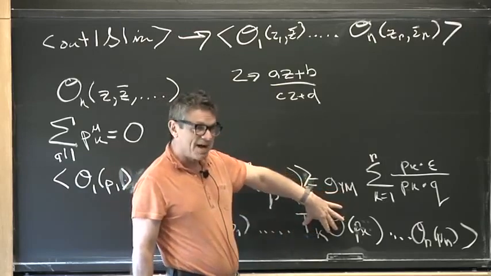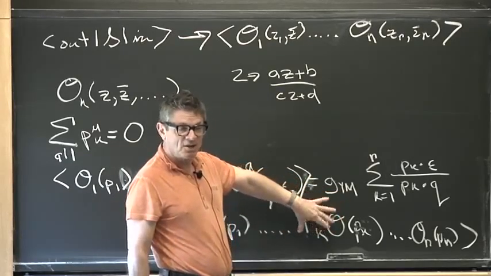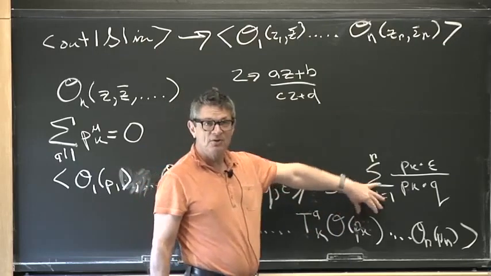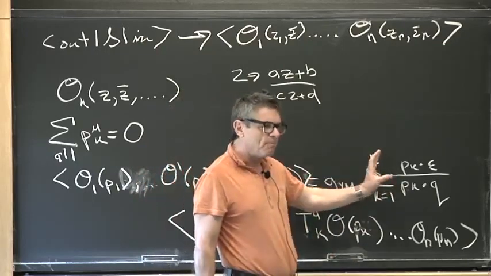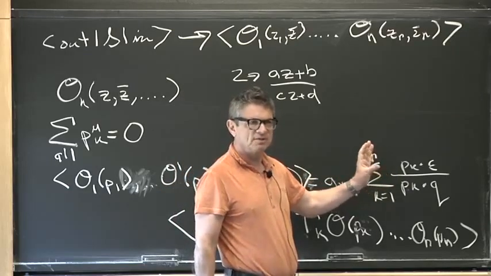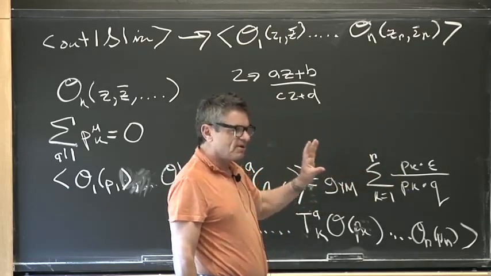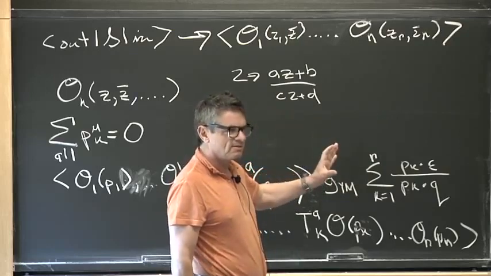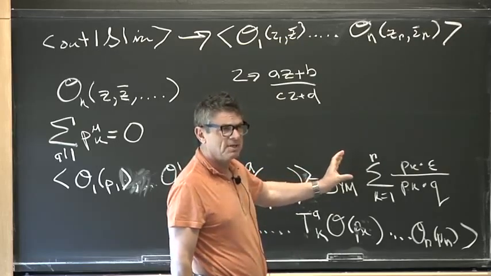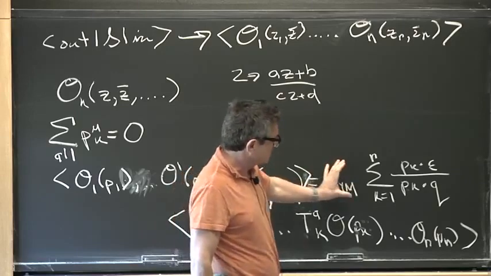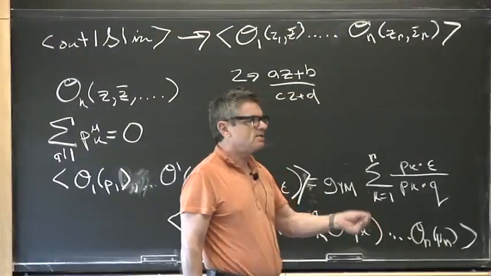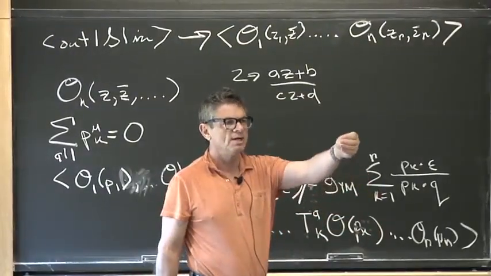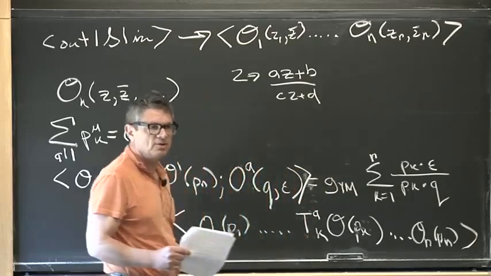It's slightly modified by color rotations of each particle one at a time. In other words, the soft factor is no longer just a number, and this is the general situation. It's only in very special situations that the soft factor is just a number that multiplies the matrix element. The more general situation is that it's an operator which acts on the S matrix element and changes the external states one at a time, and then you sum up all those terms.